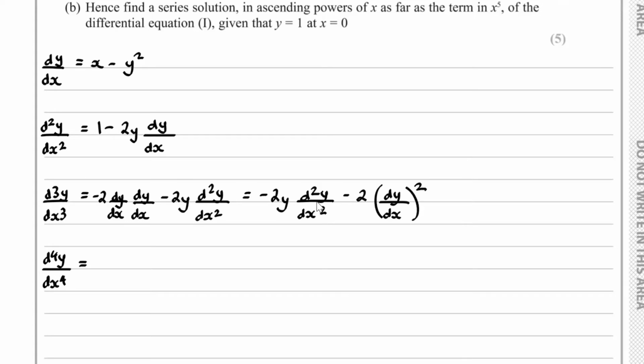So we have v, which is d squared y over dx squared, times u dash, so we multiply this by minus 2 lots of dy over dx, okay, and then we have v times u dash plus u, so we have minus 2y times v dash, so we have d cubed y over dx cubed, okay.